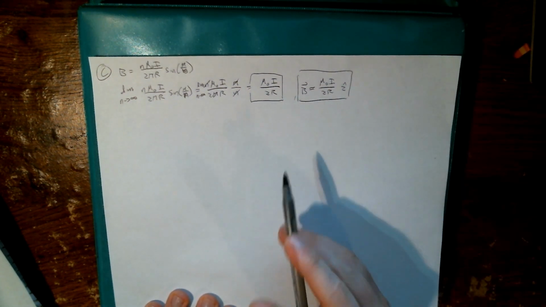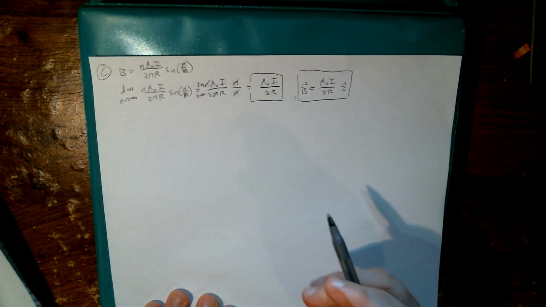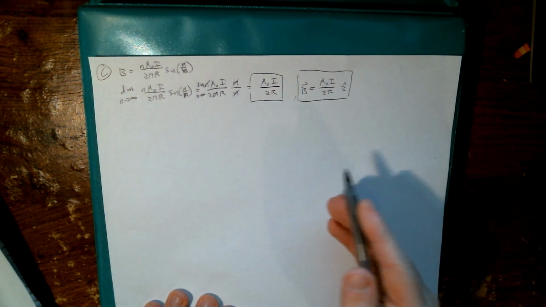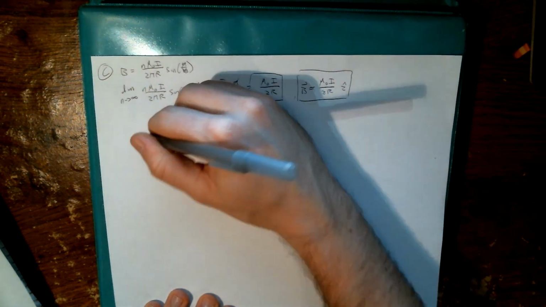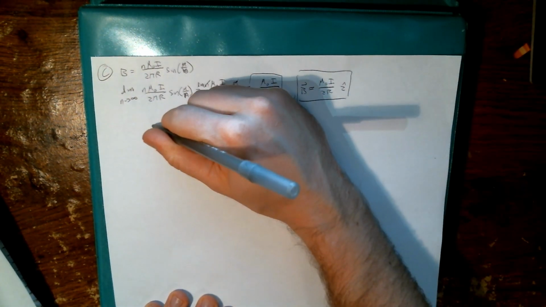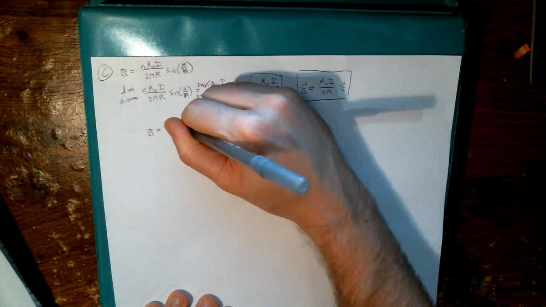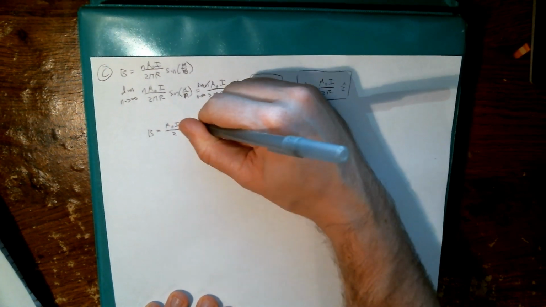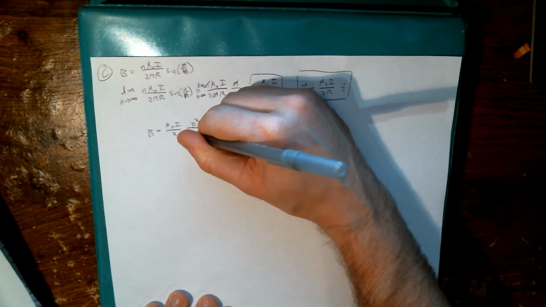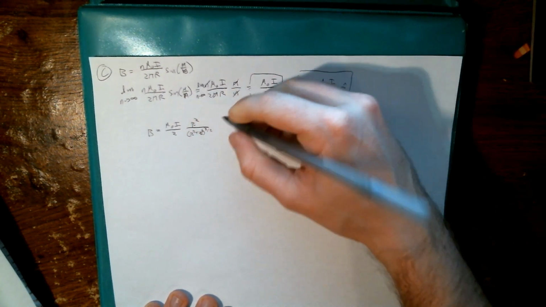And we can verify this is equivalent to the magnetic field due to a circular loop at the center with equation 5.41 in the book that solves for the magnetic field at distance z above the center of a loop, and it gets that B equals mu naught I over 2 times r squared over r squared plus z squared to the 3 halves.